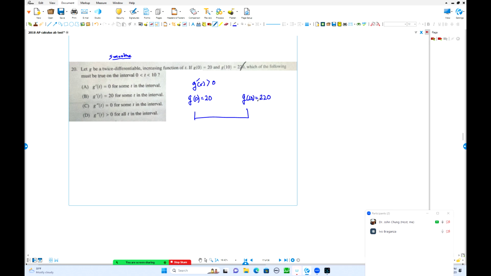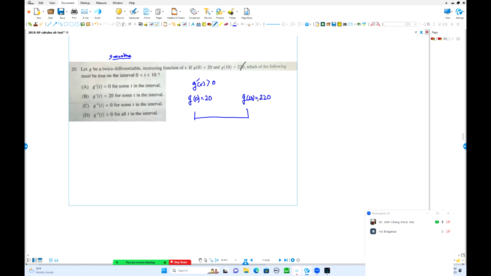When you take a look at the options, g prime of t is 0 for some value of t. That is a local maximum or local minimum, right? And g prime of t is 20 for some time t.